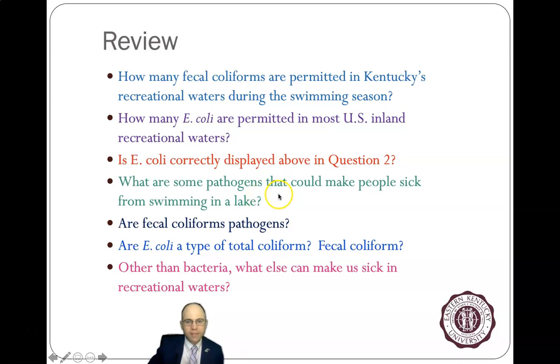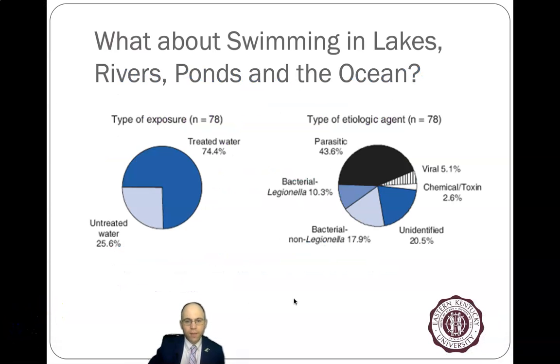All right, what are some examples of some pathogens that could make people sick? So we didn't cover all the major pathogen sources, so I'm going to pull those up real quick. So when people go swimming in untreated waters, they may get sick from some different organisms.